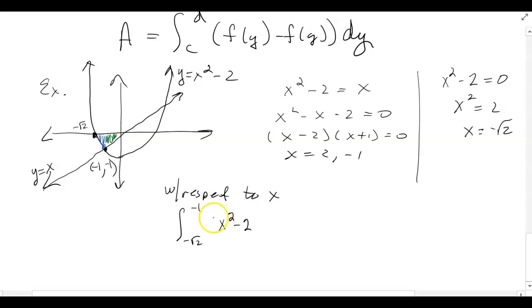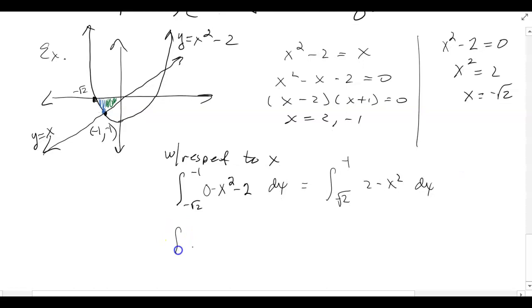So you can find this area and take the absolute value, or you can think of it as 0 minus x squared minus 2. It kind of comes out to the same thing, which is then the integral from negative radical 2 to -1 of 2 minus x squared dx.